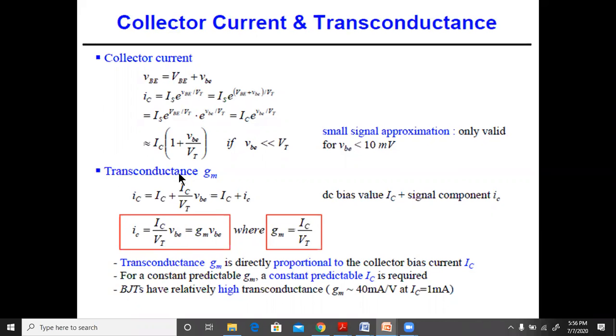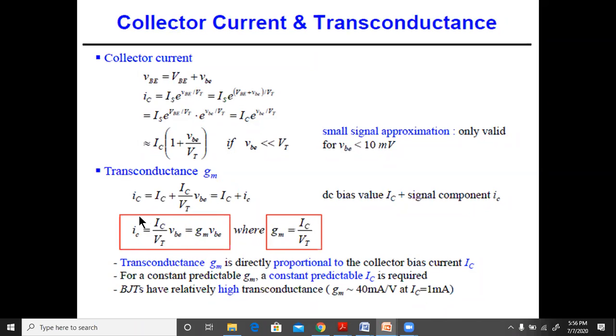So if you join these two terminologies, you get output current by input voltage. Output current by input voltage is what is known as transconductance.